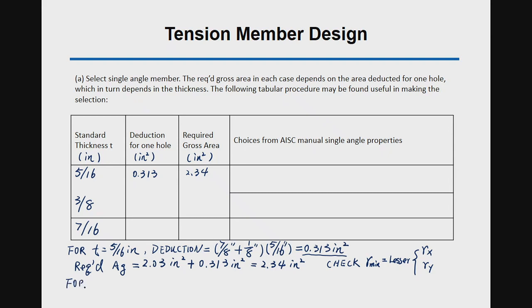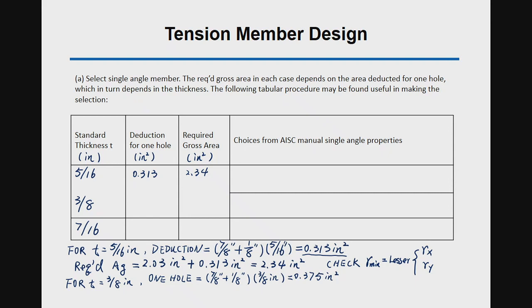So for t equals 3/8 inches, the one hole deduction is also equal to the hole diameter, which is 1 inch, times the thickness, 3/8 inches, which equals 0.375 square inches.